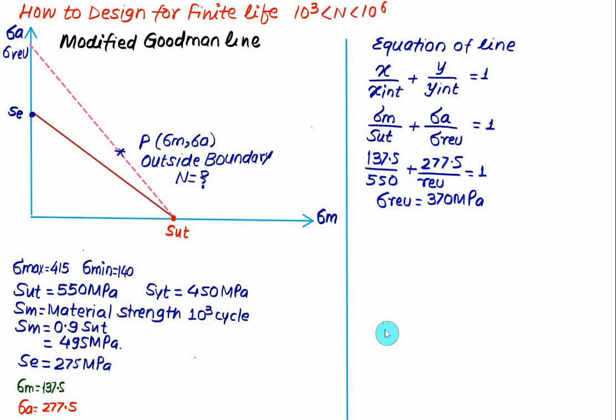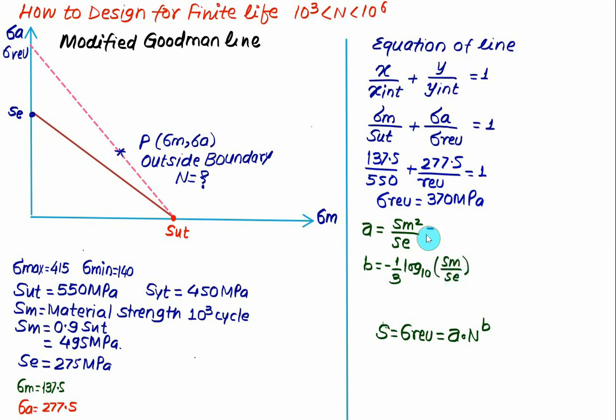Now we can use the Basquin equation here. Here S is replaced by sigma reversible, equal to constant A multiplied by life N to the power B. And we know how to find the value of A, so the same equation we'll use here. A is equal to Sm squared divided by endurance strength, and constant B is equal to minus 1 by 3 into log base 10 of Sm by Se.